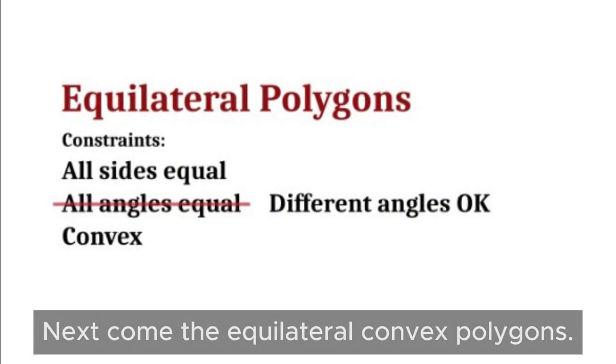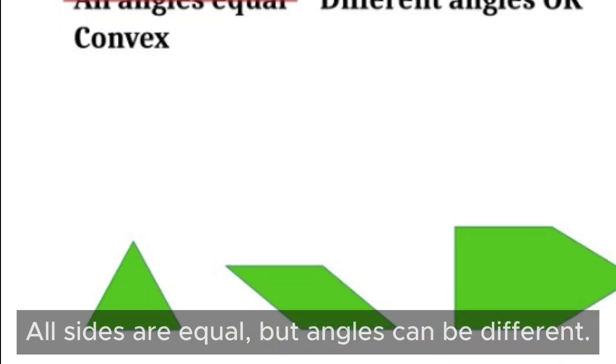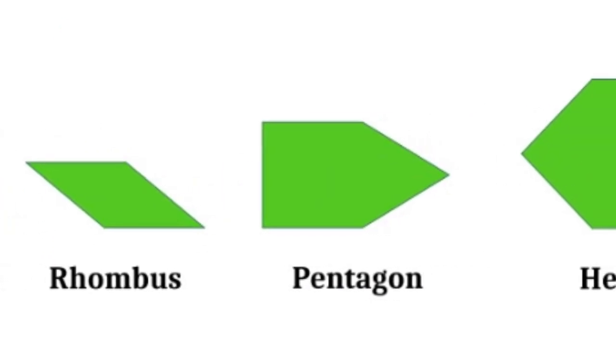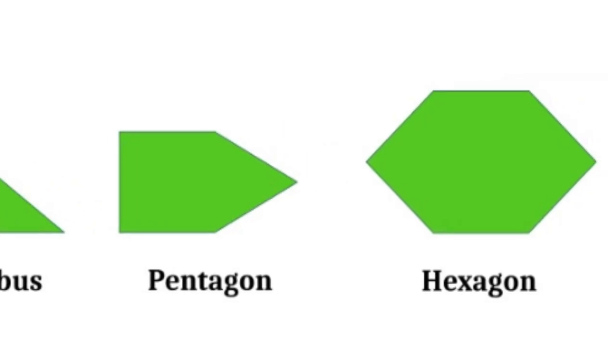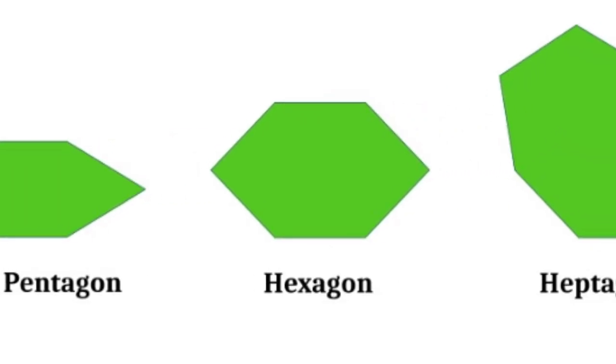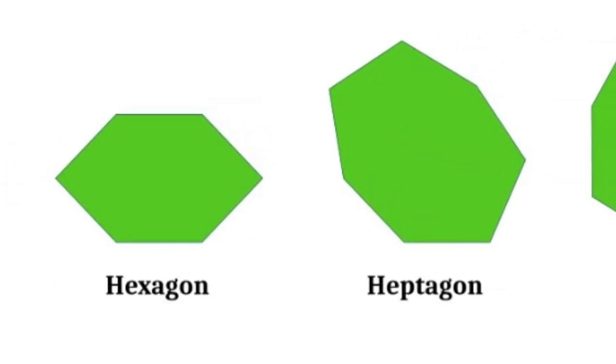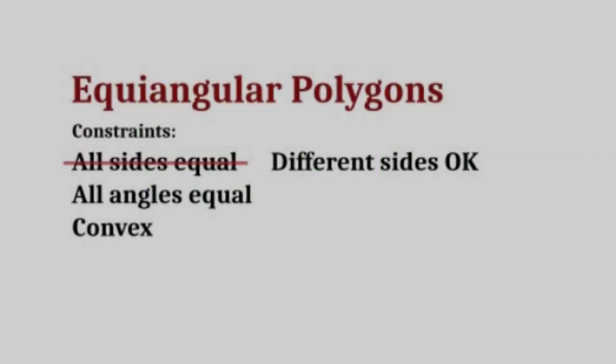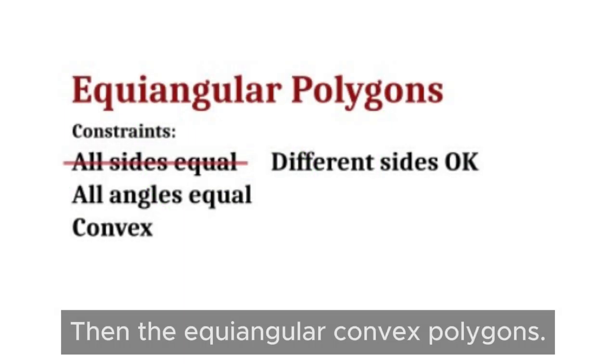Next come the equilateral convex polygons. All sides are equal, but angles can be different. Then the equiangular convex polygons.